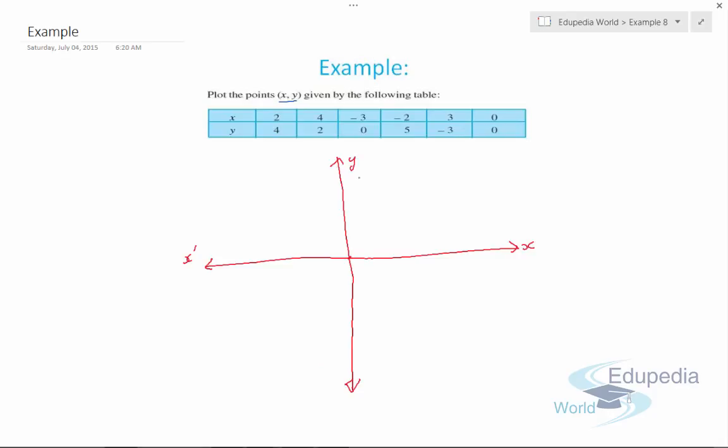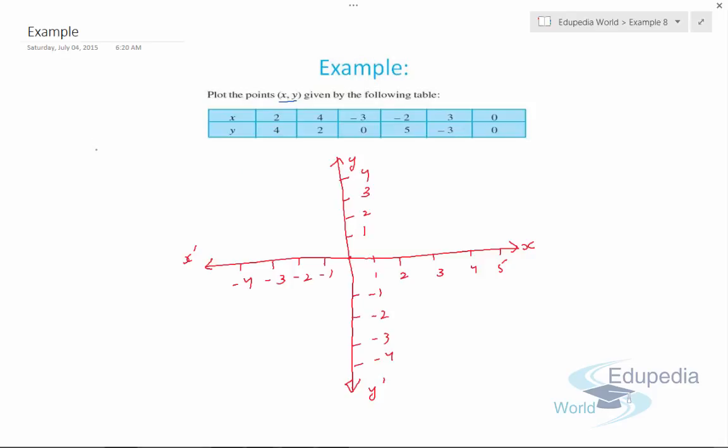This is Y. And this is Y dash. So this will be 1, 2, 3, 4, 5, and this will be -1, -2, -3, -4. This will be 1, 2, 3, 4, -1, -2, -3, -4.